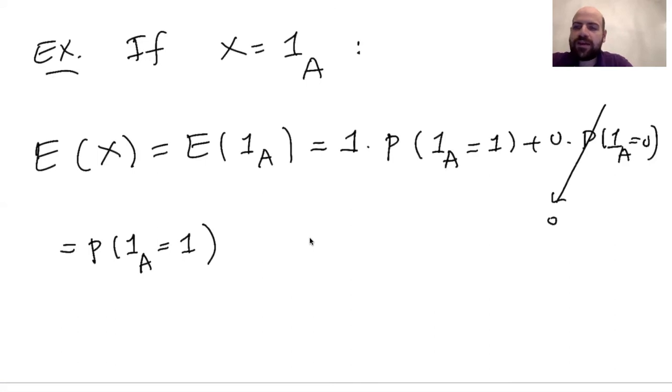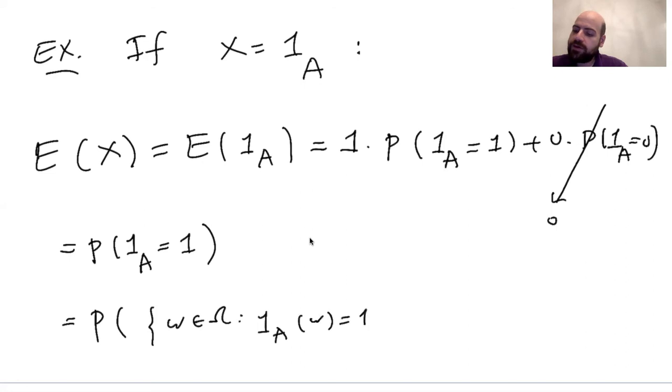But what is 1A equals 1? Remember, capital X equals A is an event containing all elements in omega that are going to be mapped to A. So all elements in omega that are going to be mapped to 1. This is the probability of all elements in omega such that 1A of omega is 1. But 1A of elements in A are 1, and 1A of elements outside of A are 0, right?